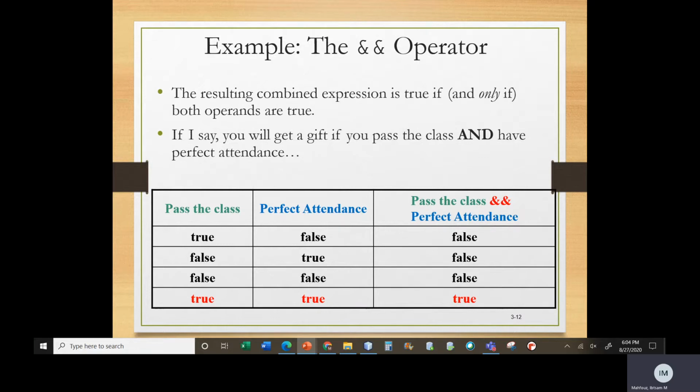But if they don't clean their room, even though they finished their homework, you're going to say, no, go back and clean your room first. If they cleaned their room but didn't do their homework, you're going to say, no, you have to do the homework first. So with the and operator, the two ampersands, every individual piece in your expression has to be true. And if all of them are true, then your whole expression evaluates to true.